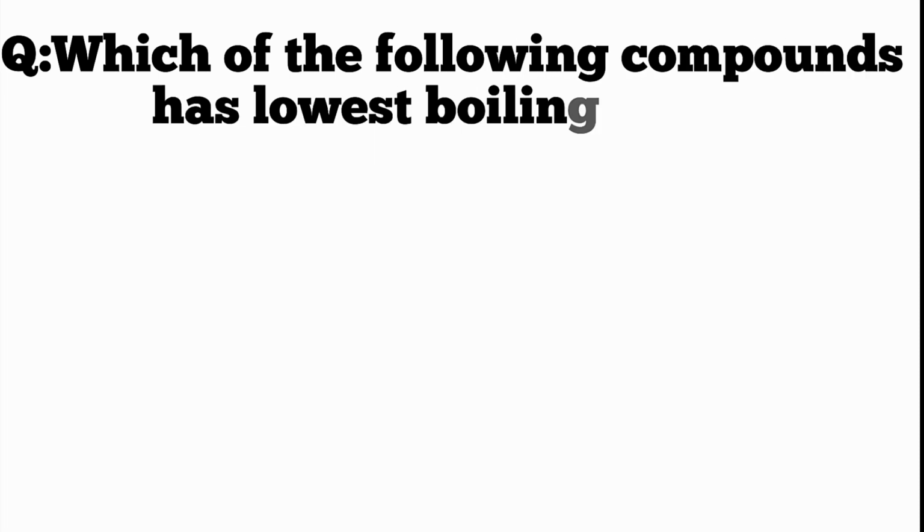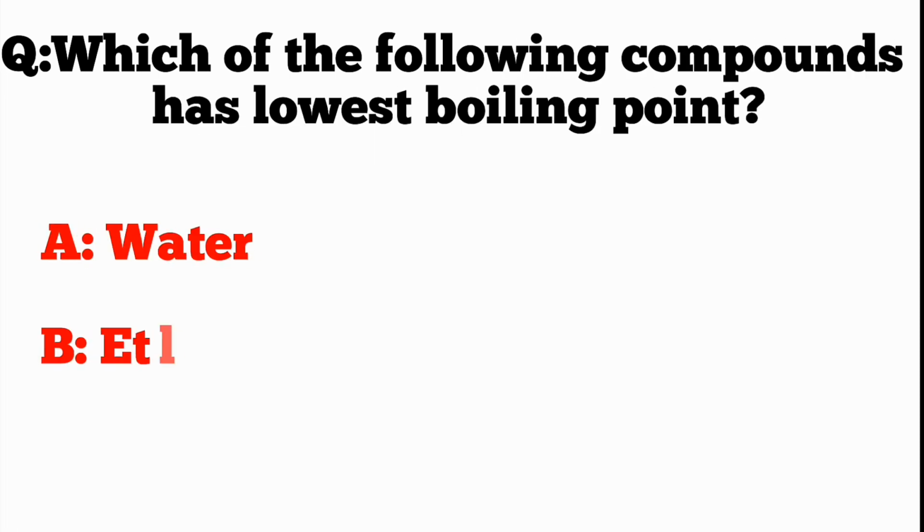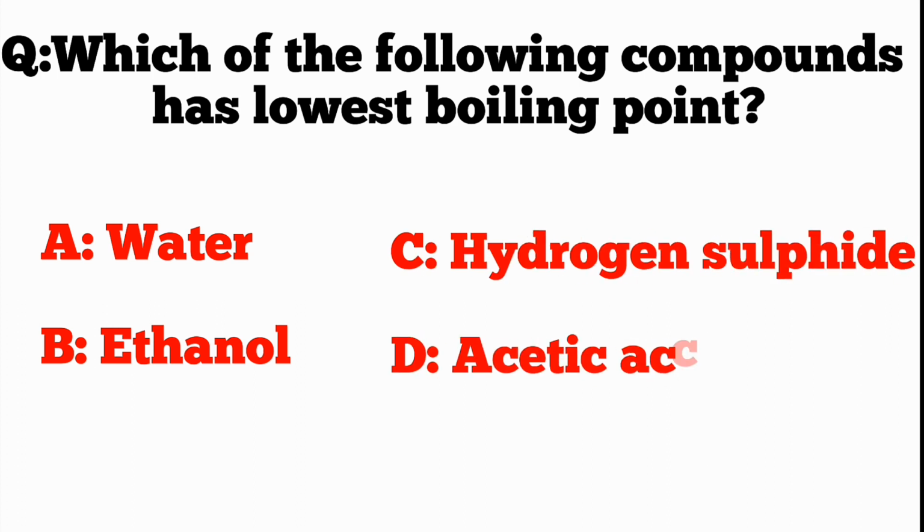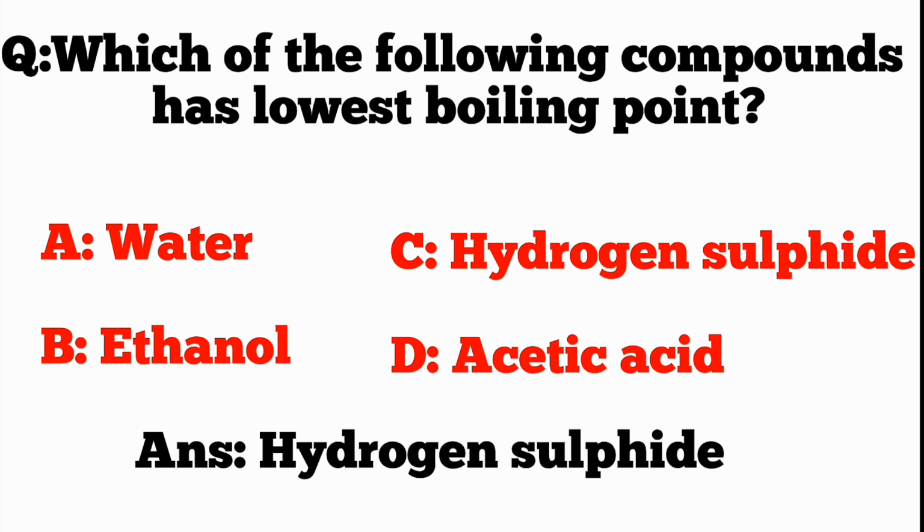Q. Which of the following compounds has lowest boiling point? A. Water. B. Ethanol. C. Hydrogen sulfide. D. Acetic acid. Ans. Hydrogen sulfide.